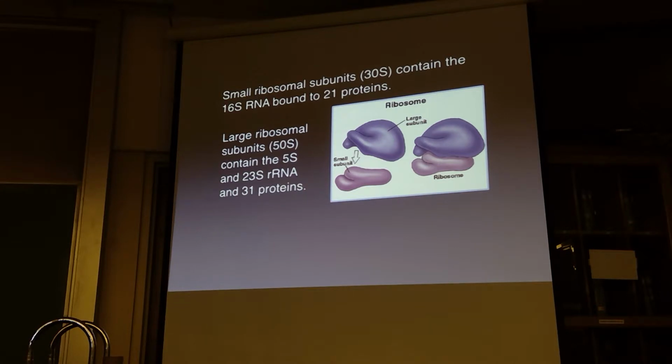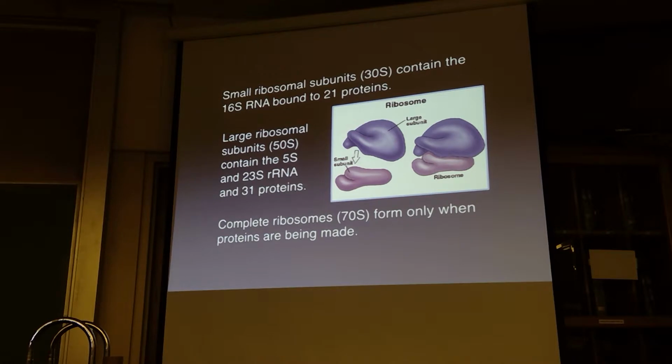You've got the 16S, the 23S, the 5S in a series. So if you make any of them, you make all of them. Again, transcription is polycistronic. That complete ribosome, 30S unit, 50S unit, come together only when protein synthesis is happening. So ribosomal RNA joins with proteins to make the ribosomes.